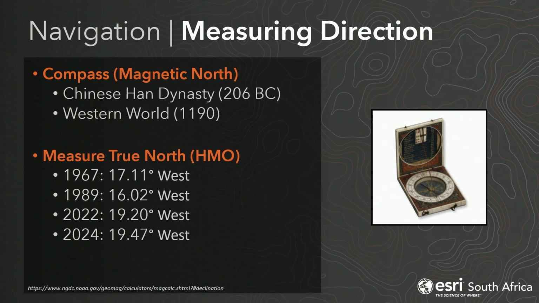We then progressed down to 16, but we're now back at 19, or we will be back at 19.2 or 19.4 going to 2024. So this is a constantly moving value of north, and it's something you need to take into account, because if you are doing some navigation, be aware what's true north and magnetic north, so that you aren't making mistakes there.